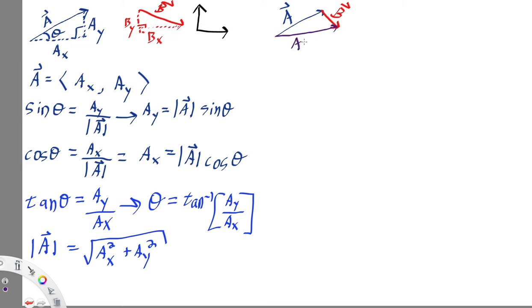And that vector we're going to call A plus B. Mathematically, dealing with this is actually really simple. If we want A plus B, the sum of two vectors, then the x part of the sum is the sum of the x parts, ax plus bx. And the y part of the sum is the sum of the y parts.